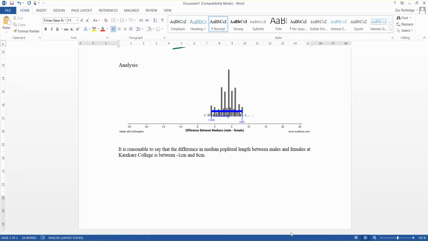Or they could even be the same. And finally, what does this really mean? Well, because the confidence interval spans 0, we can't make a call that either gender has a larger median popliteal length at Karikari College.